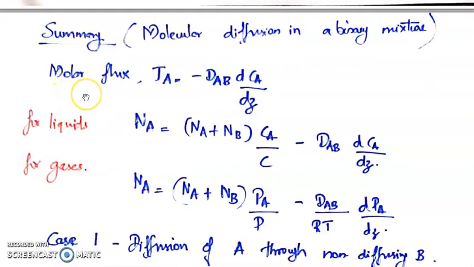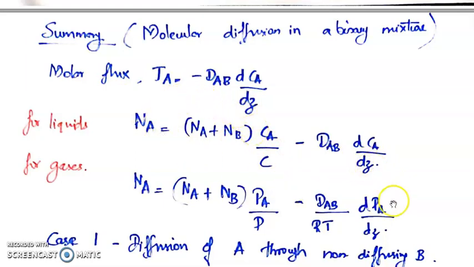We started from Fick's law, which states molar flux J is equal to minus DAB dCA by dZ. From this, using Fick's law, we obtained an expression for molar flux Na is equal to Na plus Nb into Ca by C minus DAB dCA by dZ.